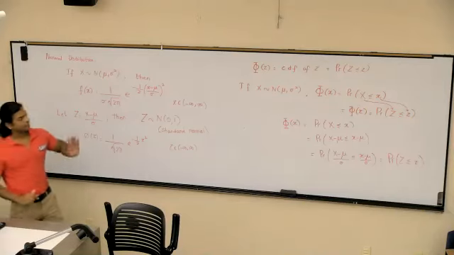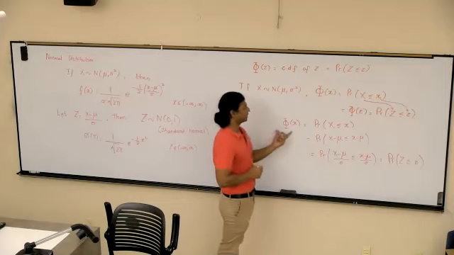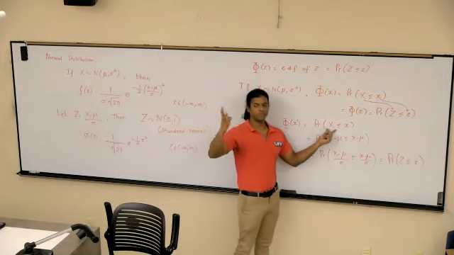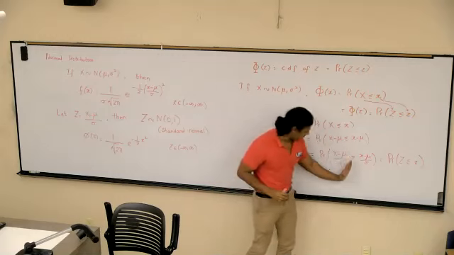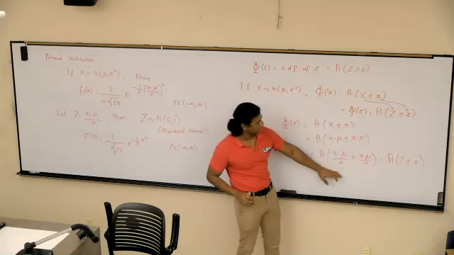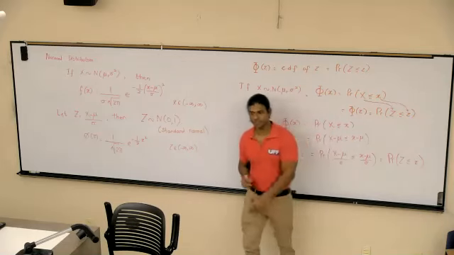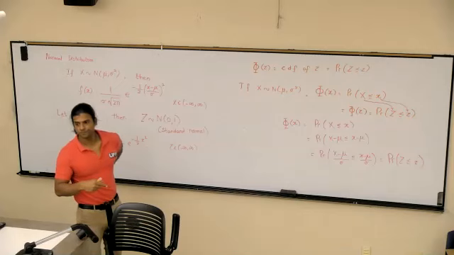So if I want to find the cumulative probability of some random variable with mean mu and variance sigma squared, I can transform it in this manner so that I can use the standard normal distribution. So the key step is to transform. Good.